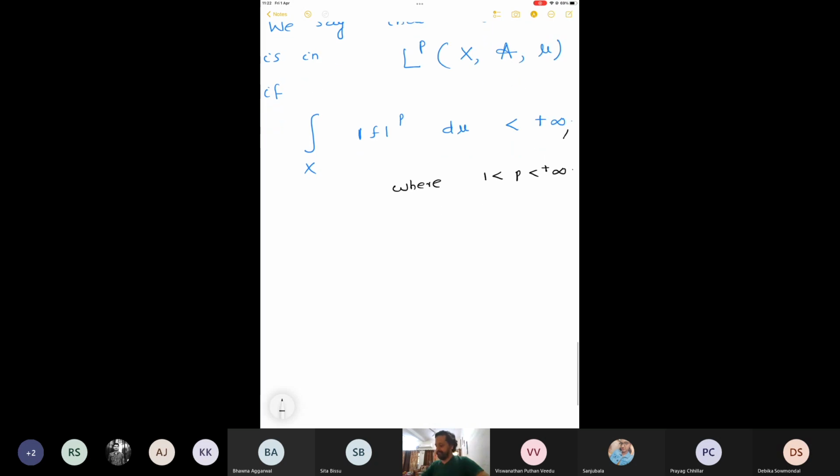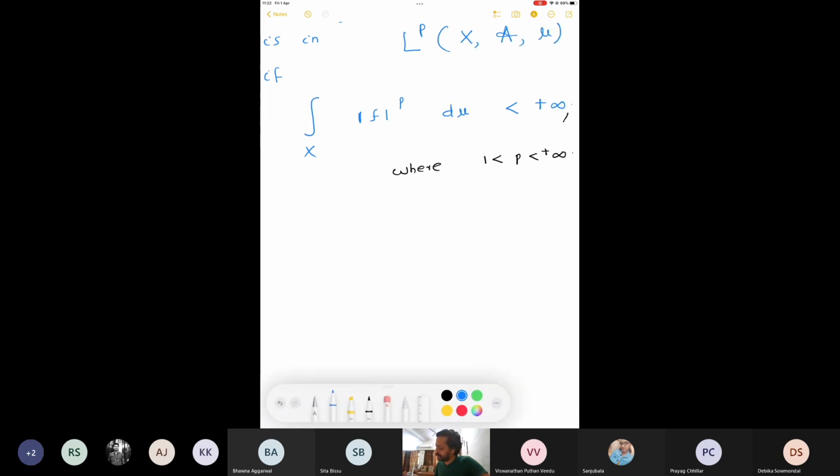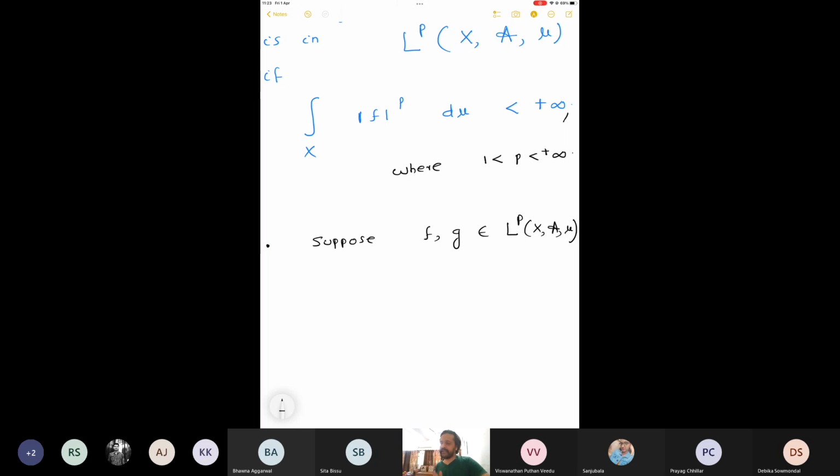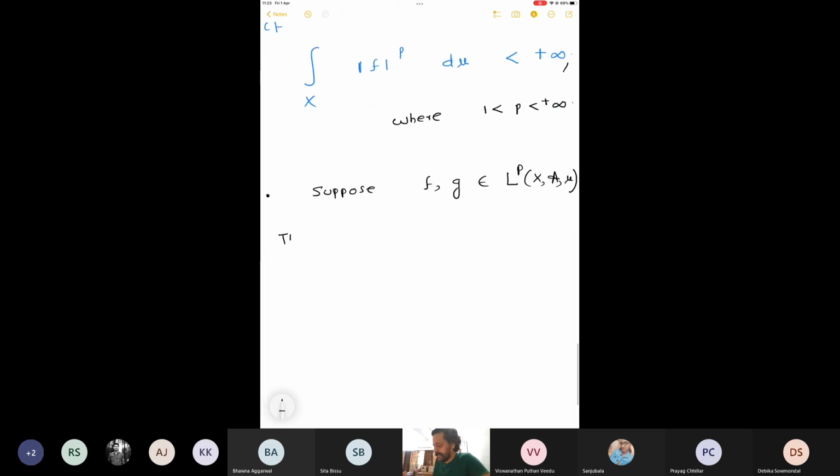Now let us note certain things about this collection. Suppose I pick two functions f and g in this L^p(X, A, mu). Now f is a function from X to K, g is a function from X to K. So do you agree that modulus of f of x and modulus of g of x are going to be real numbers?